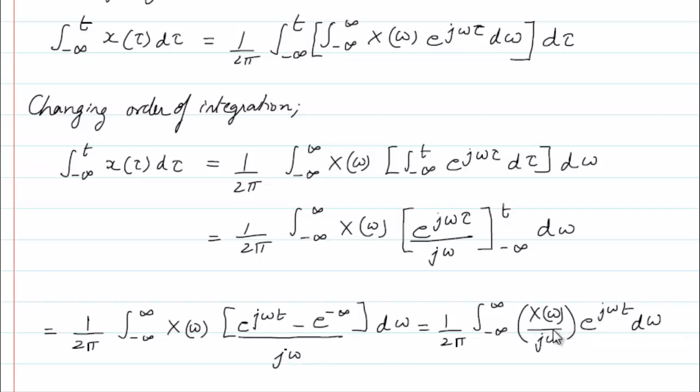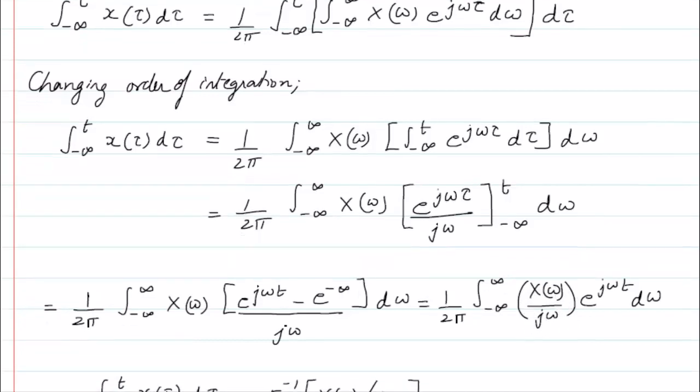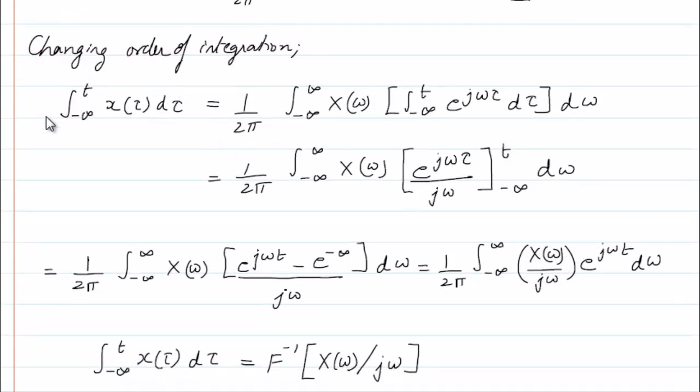Now we have taken that j omega and combined it with x of omega. We have combined both of these together as one function. So now look at this whole equation. What do you see? This is the Fourier inverse transform of this function, x omega by j omega. So I can write that this integration value is equal to this, which is basically the Fourier inverse transform of x omega by j omega.